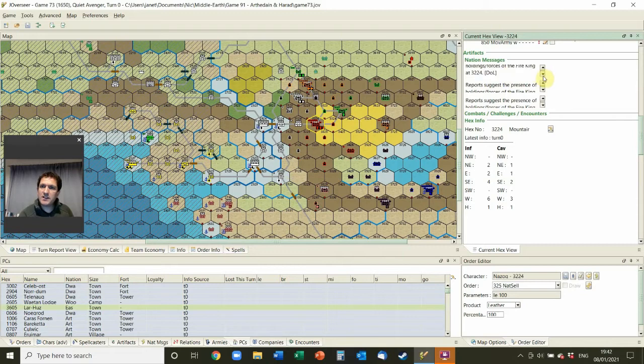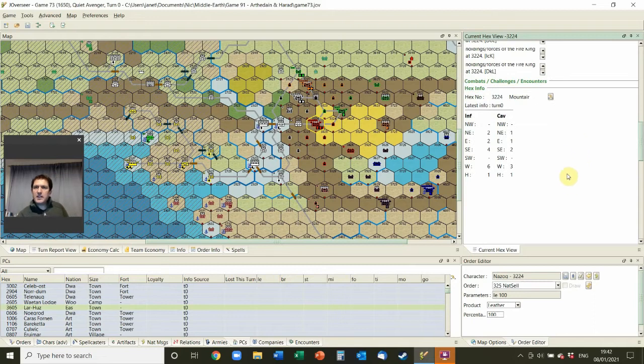So there's this one here. You can see that's come from DOL, from the Dog Lord. This one here, that's the same information from the Ice King. This one here, same one from the Dark Lieutenants. We've then got some information down here about the hex number, which mountain it is, and then how many points it would cost for a fed army, whether infantry or cavalry, to move in a set direction.